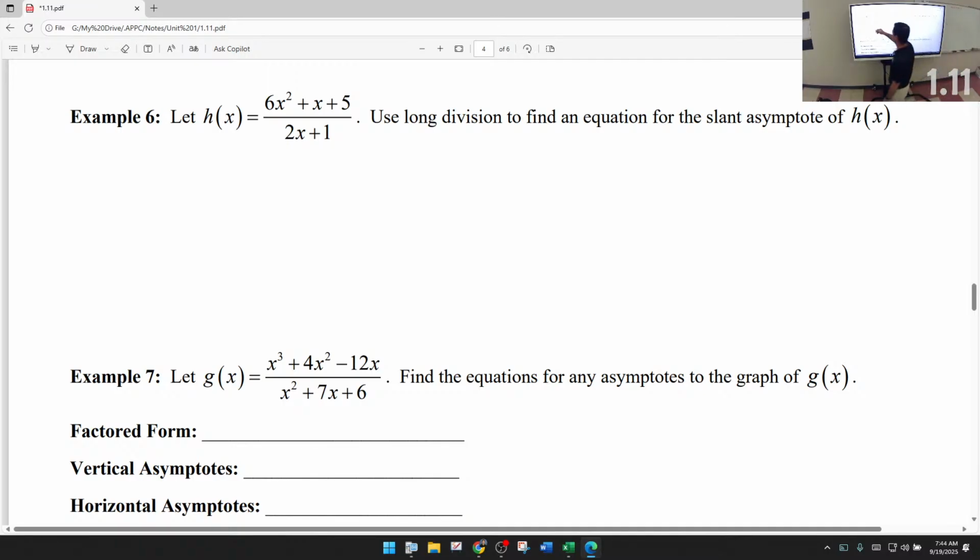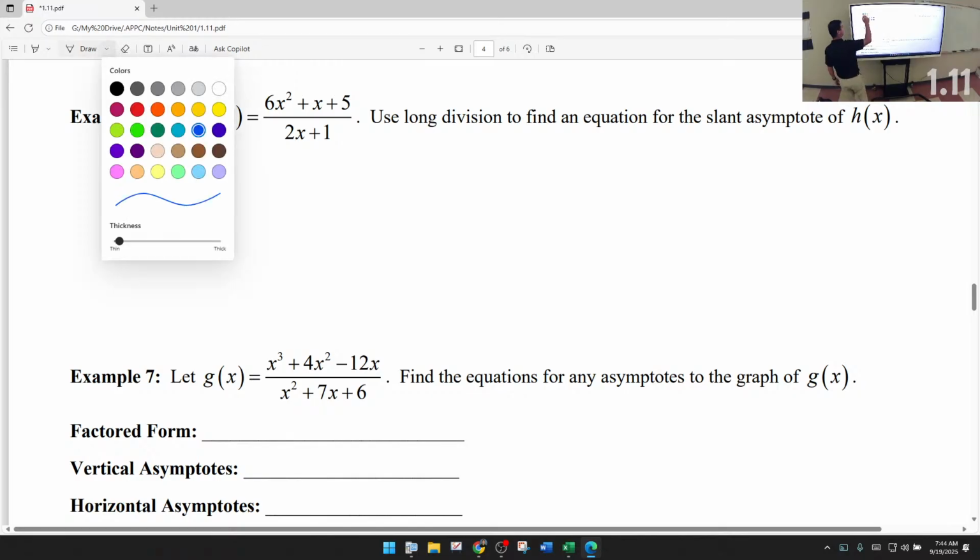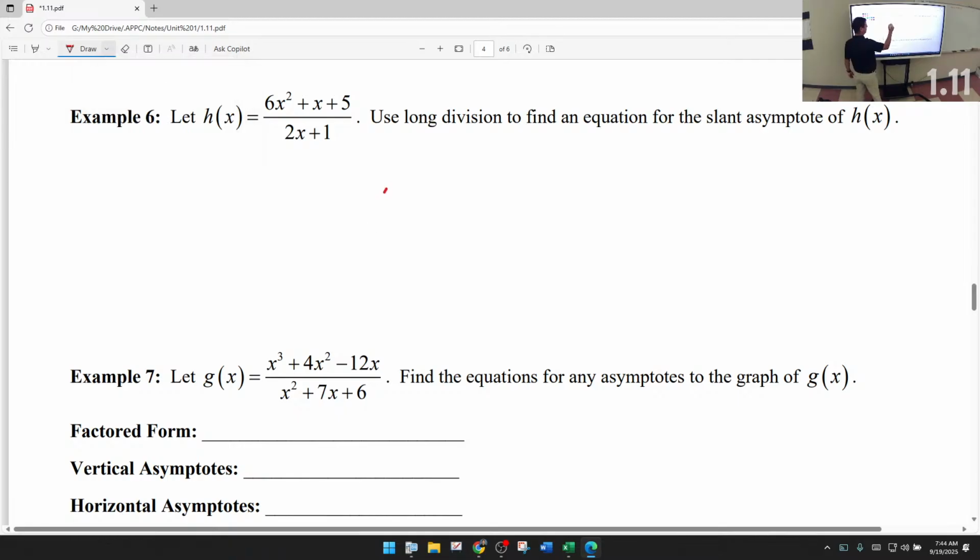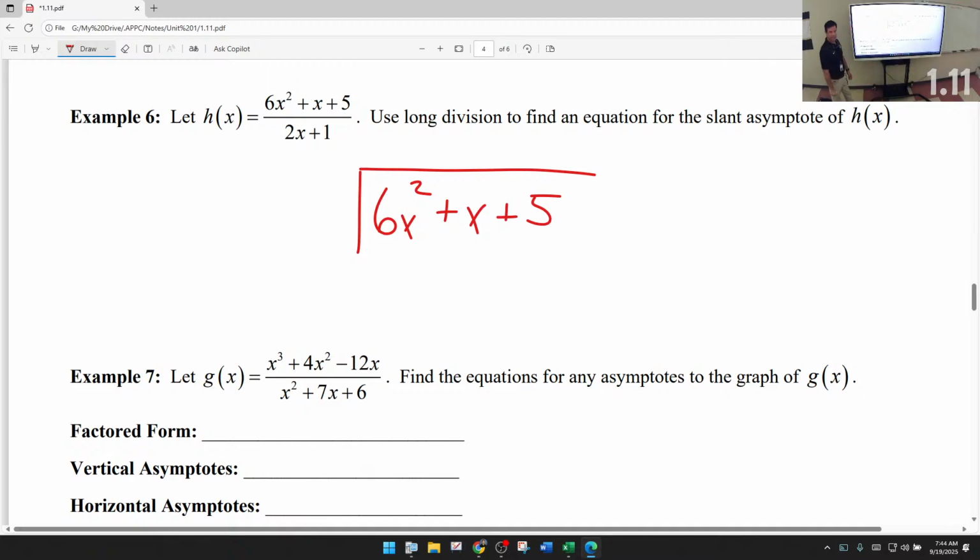So here we go. Let's do red. 6x squared plus x plus 5 divided by, that's what that line means, divided by 2x plus 1.